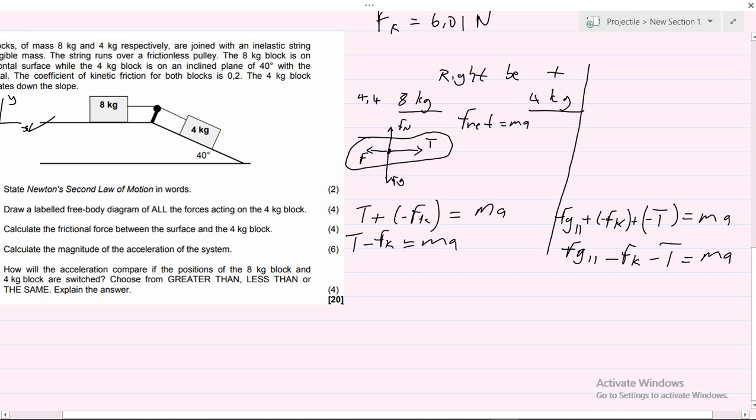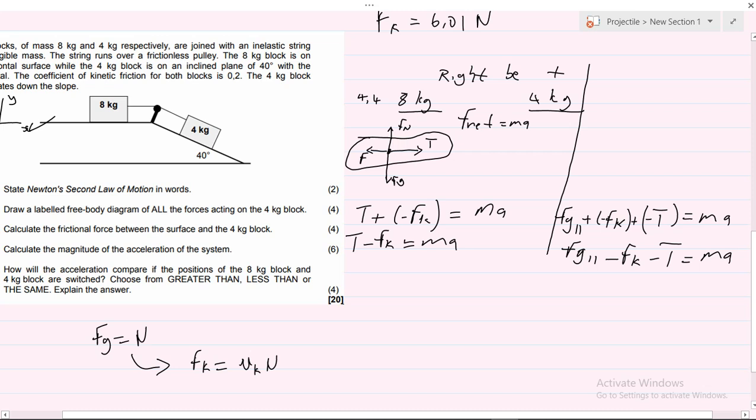Alright, can we substitute here with the 8? No, we can't substitute, but we can quickly find the kinetic friction for the 8 kg block, because we know that since it is on a horizontal plane and no force acts at an angle, Fg is equal to the normal force, and kinetic friction Fk is given by mu k multiplied by the normal force.